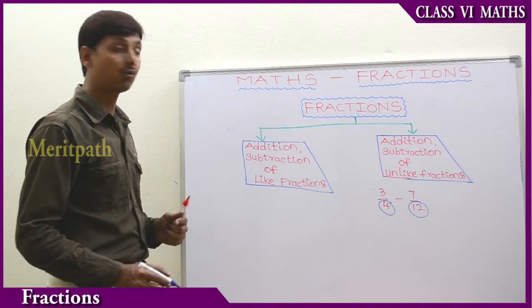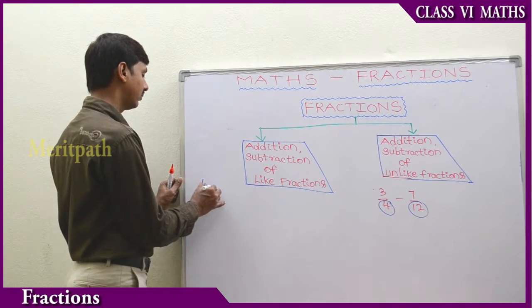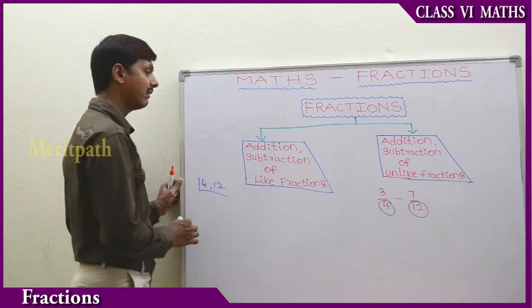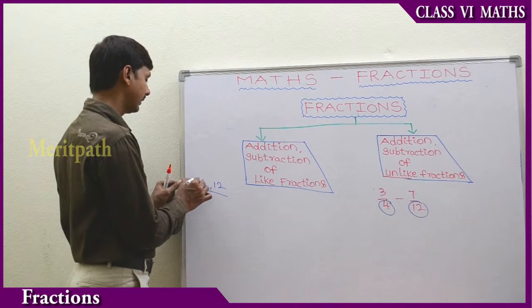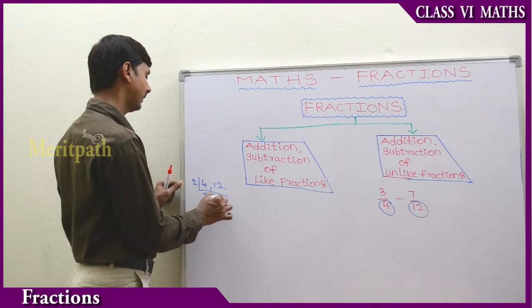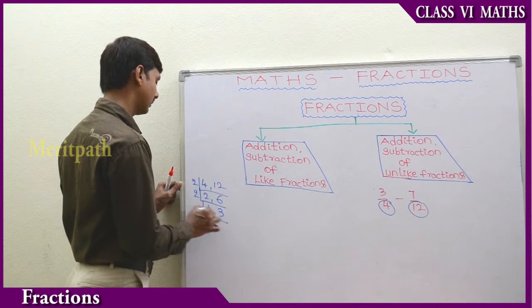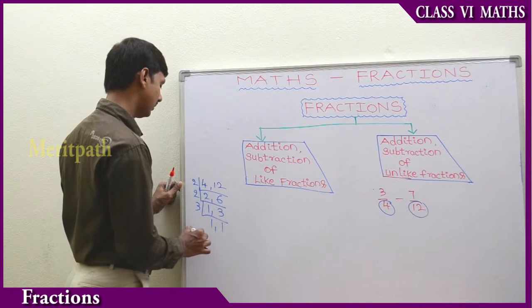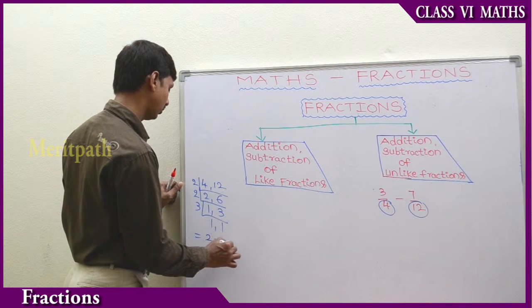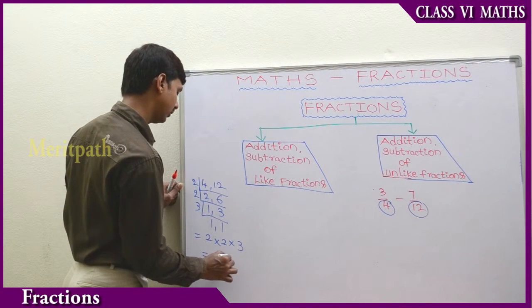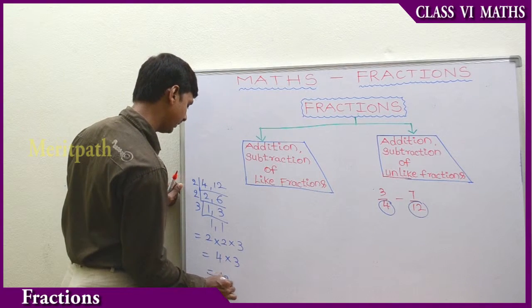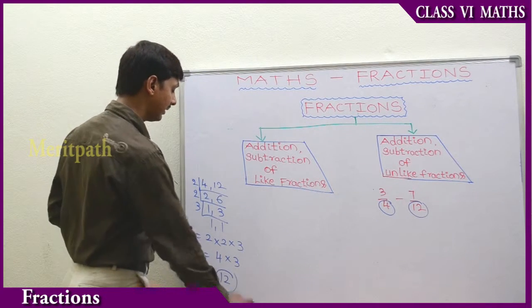The denominators are 4 and 12, so let's take the LCM of 4 and 12. We get 2 and 2 times, 2 and 6, then 2, 1 time and 3 times, and 3 once. So 2 into 2 into 3, 4 into 3, that is 12. So the LCM is 12.